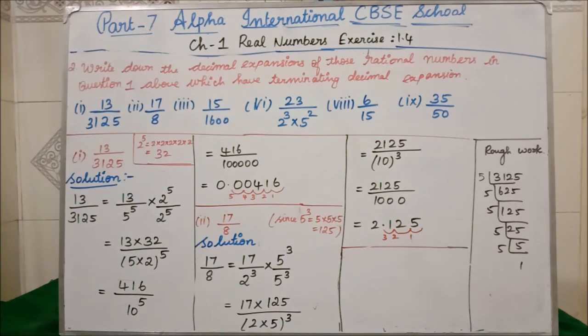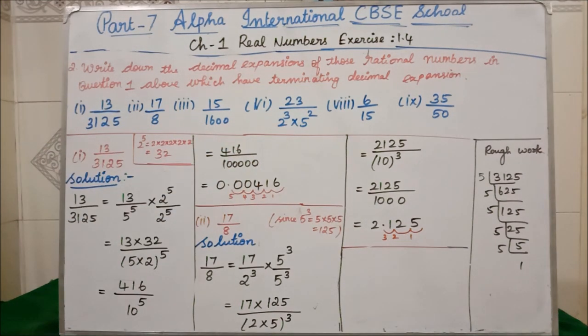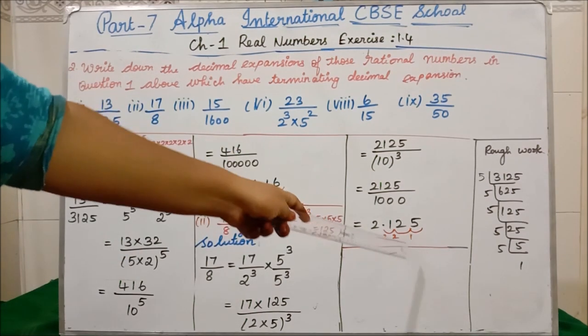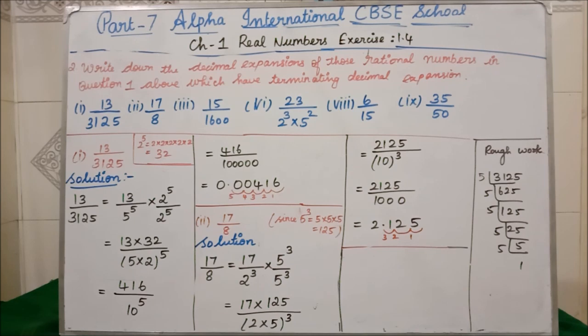Since we have cube, how many zeros do we have to put now? 3 zeros. And from the last place we have to move 3 places before. So if you see here, 1, 2, 3, 3 places we are moving and we keep the decimal at 2.125. Okay. Remaining problems we will see now.